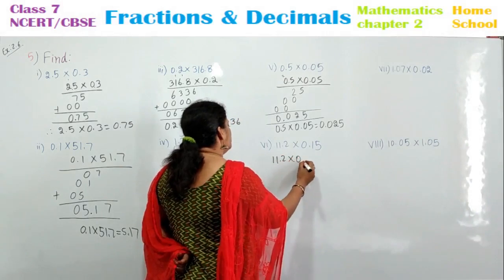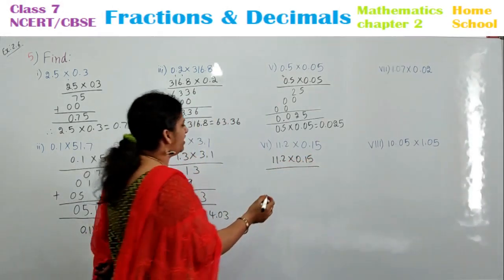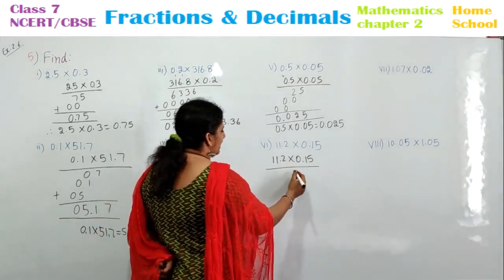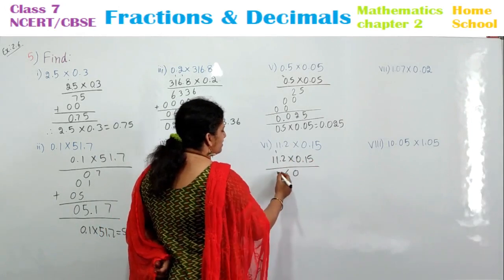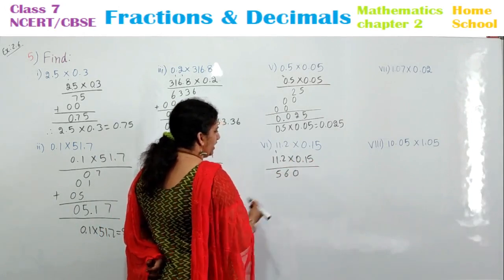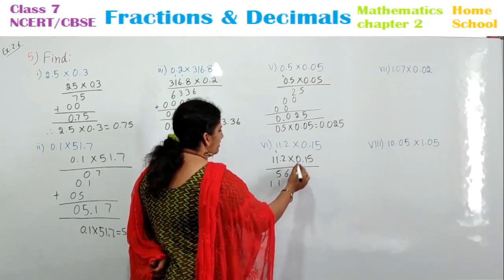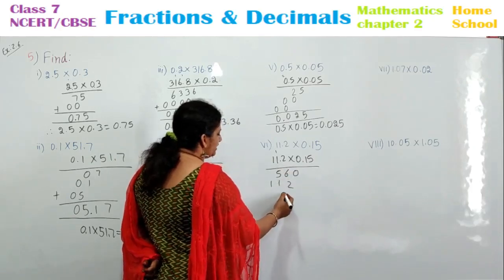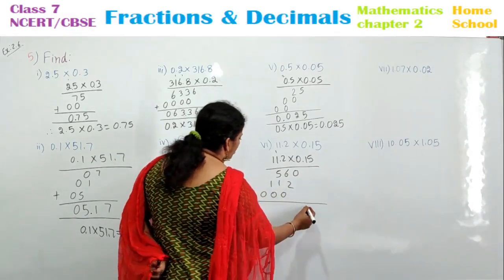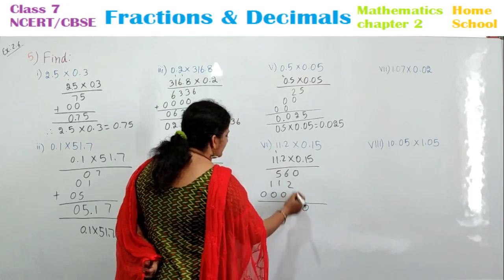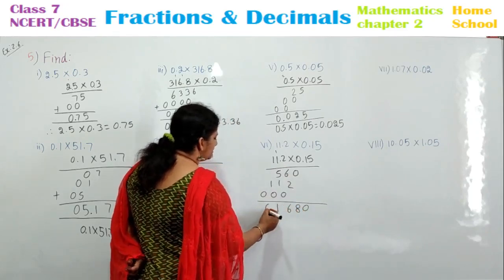11.2 into 0.15, right? So multiply with 5. 5 2s are 10. 5 1s are 5. 5 plus 1, 6. 5 1s are 5. Okay. So then with 1, that will be 2, 1, 1. With 0, multiply: 0, 0, 0, right? So now add all these. 0, 6 plus 2, 8, 5 plus 1, 6, 1, 0.